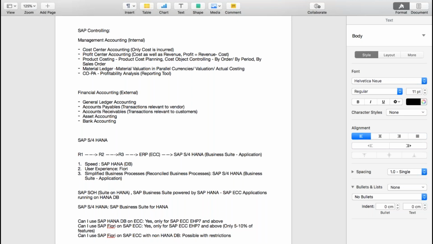So it is possible to use SAP Fiori on non-HANA database. The restrictions are: normally in Fiori, there are three kinds of apps. You can perform transactions, you can perform reporting. So only transactional apps are supported.